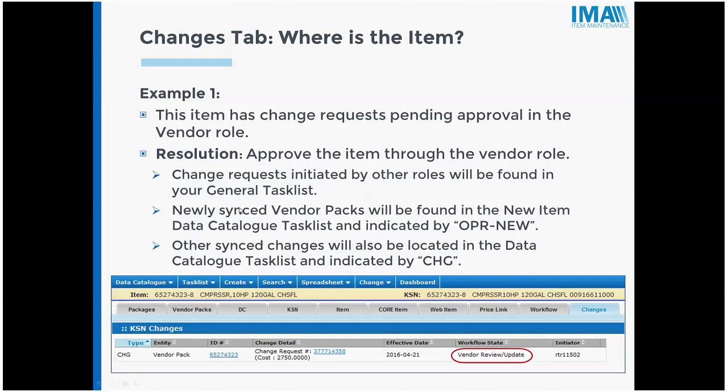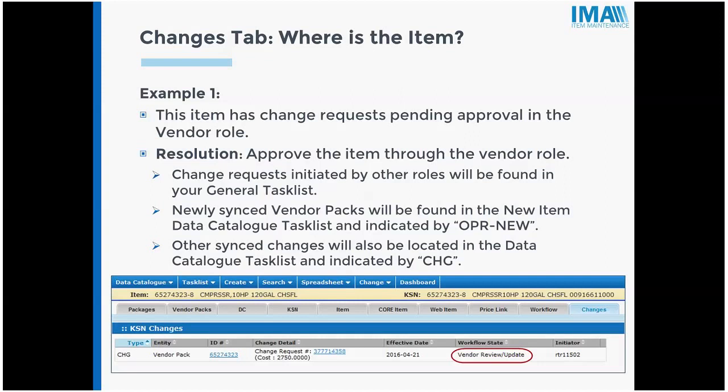If you have synced over a new vendor pack, that's also going to be in your New Item Data Catalog task list. It'll say vendor review / update here under workflow state, and you'll need to approve that. And if you sync over any other changes from your Data Catalog provider, they'll be in your New Item task list, indicated by CHG.